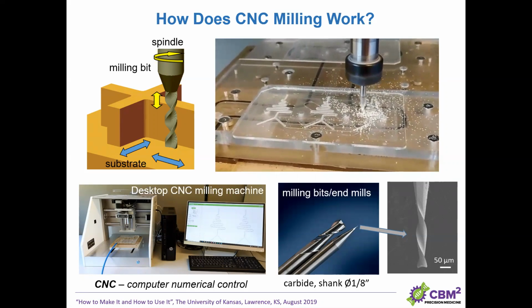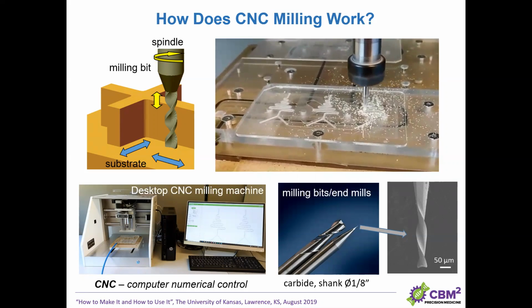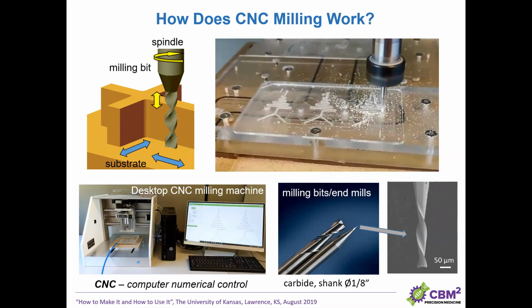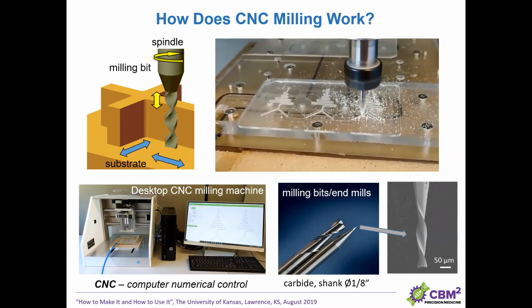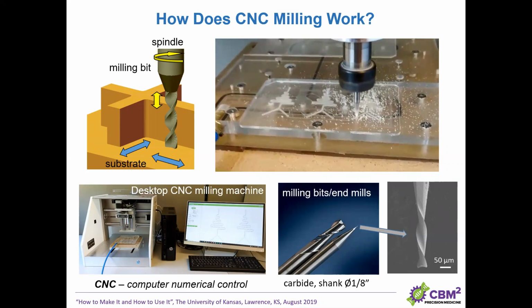There is a CNC control, which means computer numerical control machine, which controls the X and Y axis to move your substrate. And then there is a spindle that rotates the tool really quickly. Let's just play it quickly again.